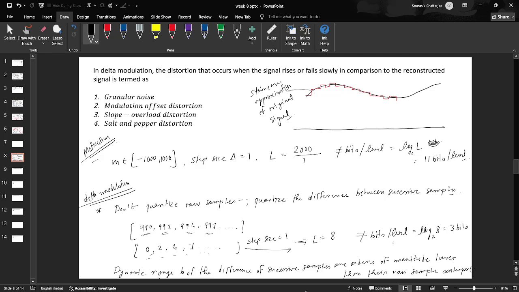Since you are able to reduce the dynamic range, you can still have low quantization error but with finer resolution, because you now have fewer bits. So it's a heaven from an implementation perspective.